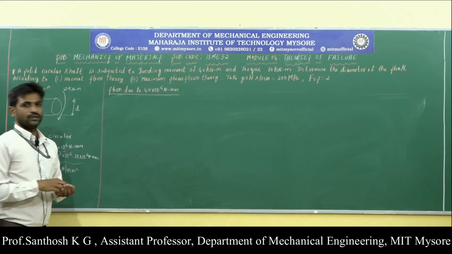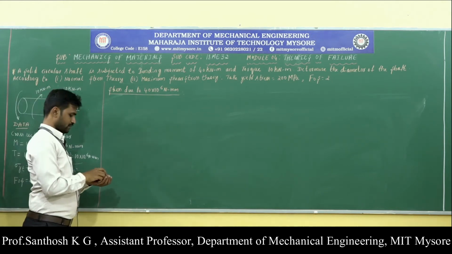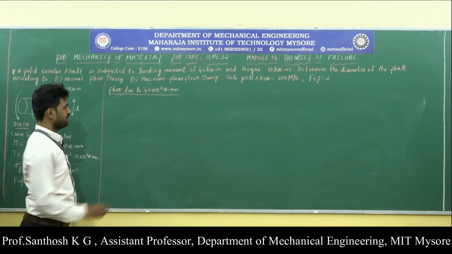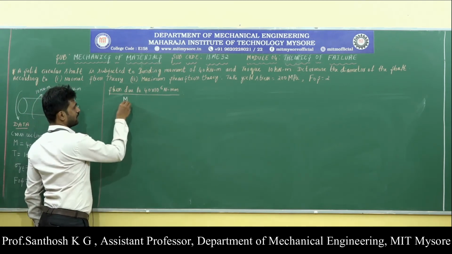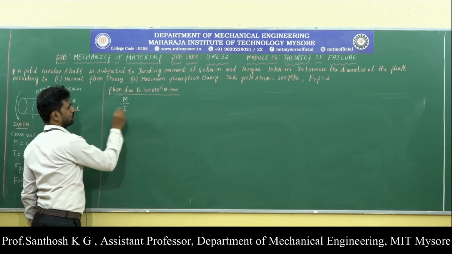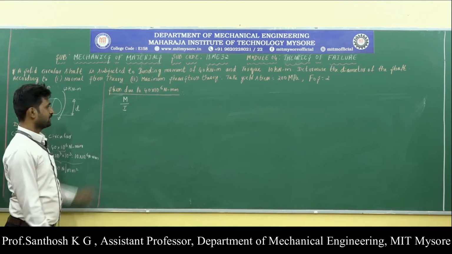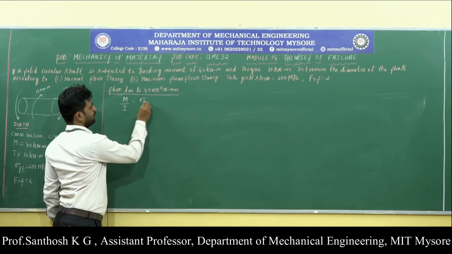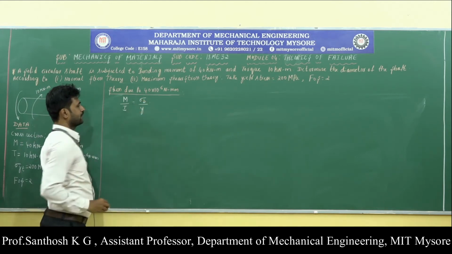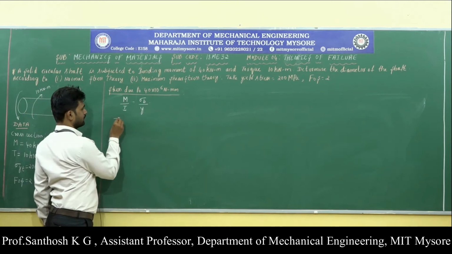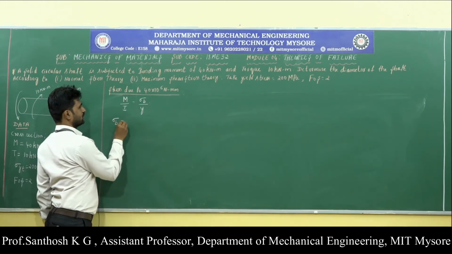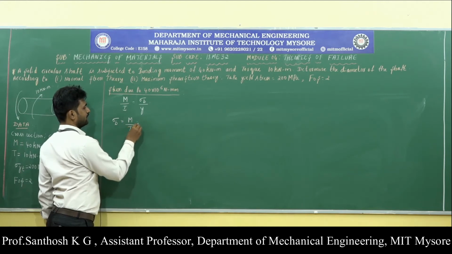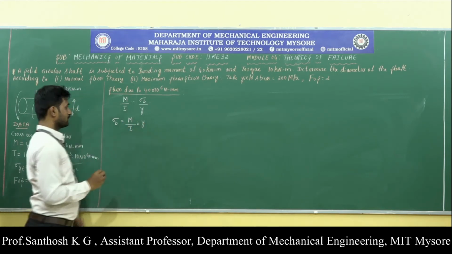We know that due to the bending moment, the type of stress induced in a member is a bending stress, and in order to calculate the bending stress, we will be using the equation M by I equals sigma B divided by Y. Here I need sigma B, therefore sigma B equals M divided by I into Y.